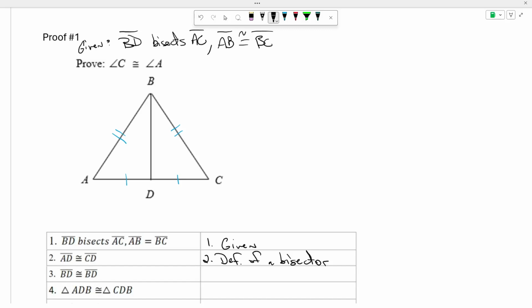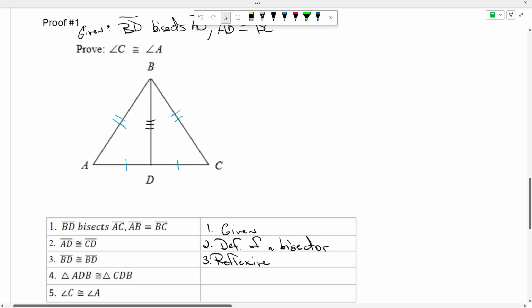Next I have this middle line right here. This piece says BD is congruent to BD. Well, that would be our reflexive property, saying something is congruent to itself. So we now know that our two triangles are congruent to each other by side, side, side.